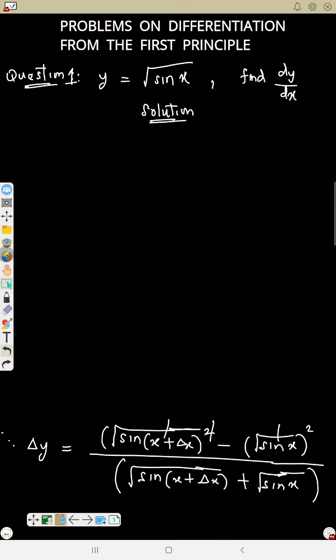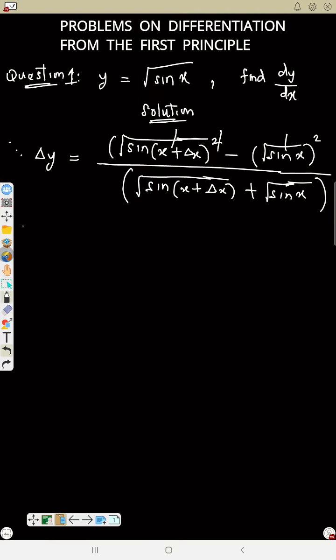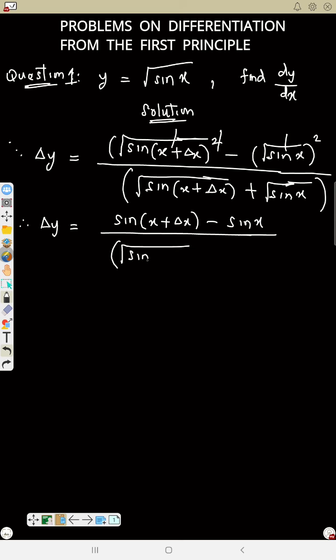So from here, if that one cancels out, we'll have delta y is equal to sine of x plus delta x minus sine x, divided by square root of sine of x plus delta x plus square root of sine x, because this square has cancelled out this square root.